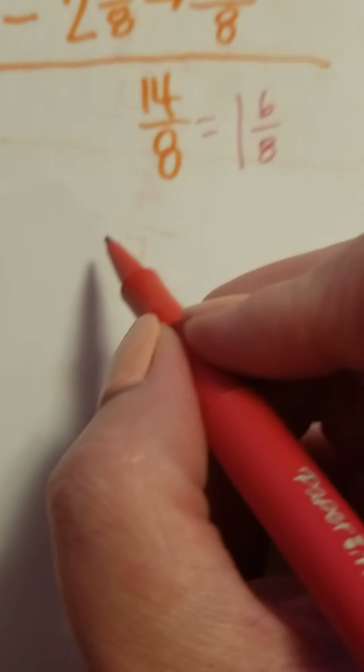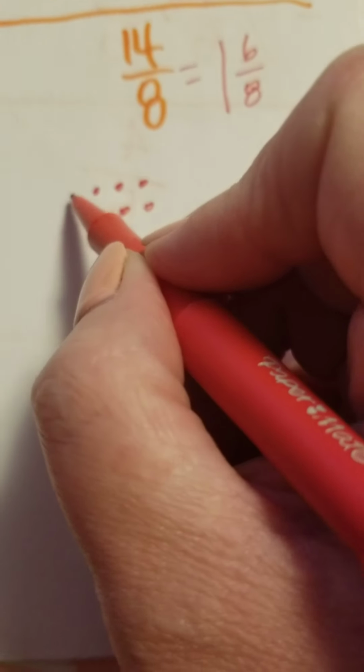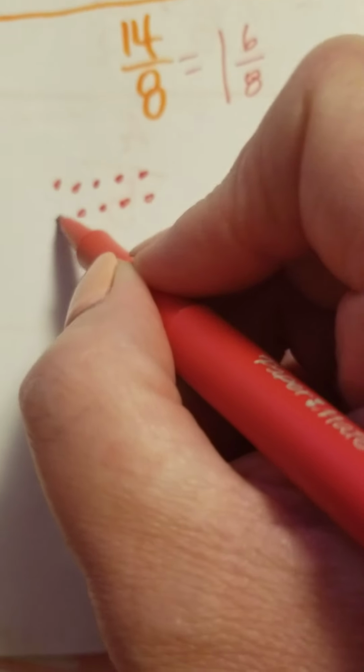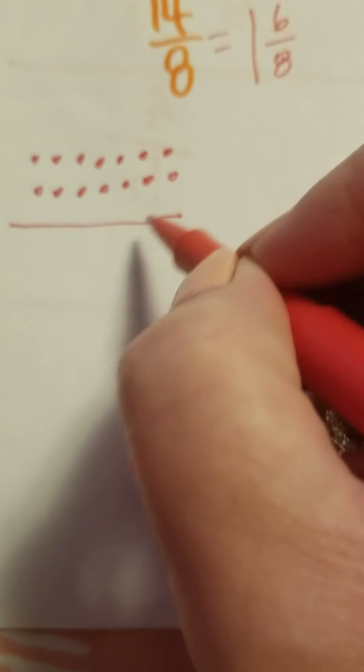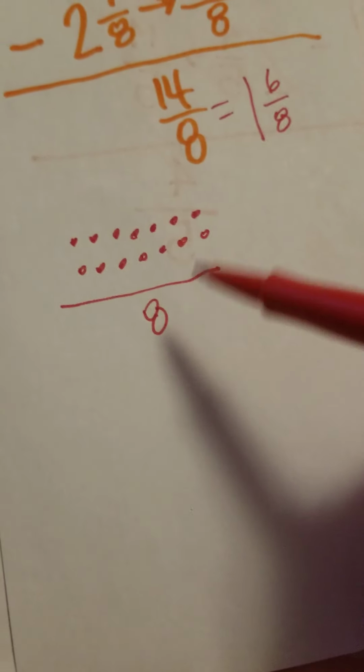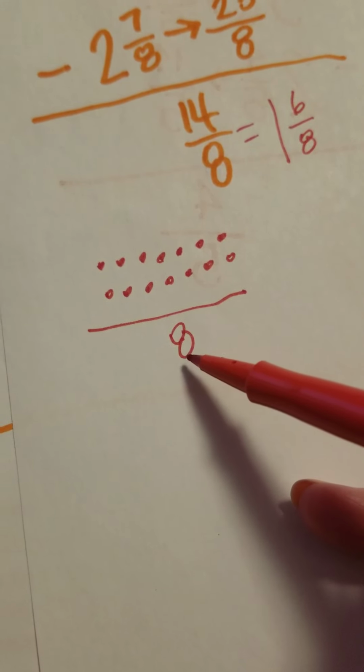Another way I taught them how to do it is to do 14 dots. So 1, 2, 3, 4, 5, 6, 7, 8, 9, 10, 11, 12, 13, 14, and put it over your 8, which is your denominator. The next step is to divide it into 8.